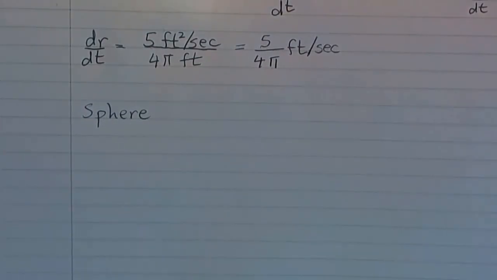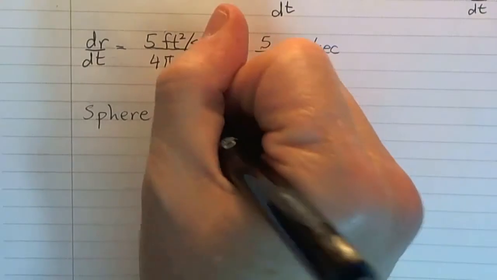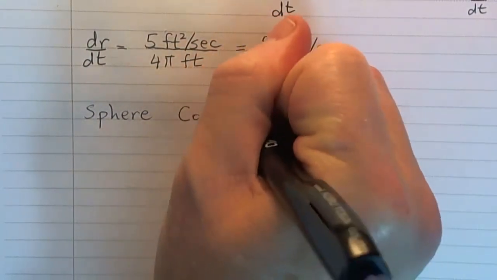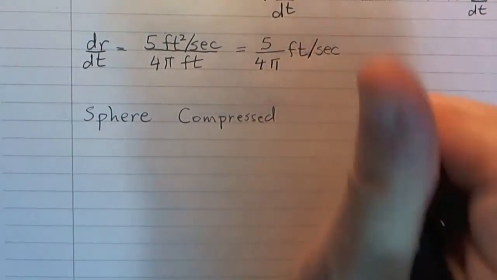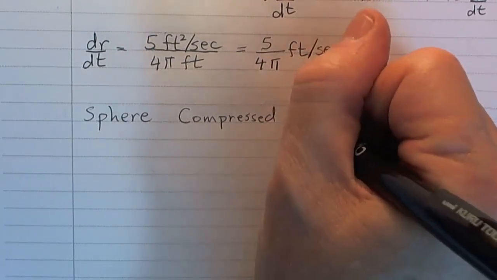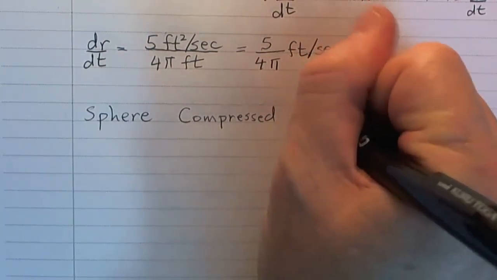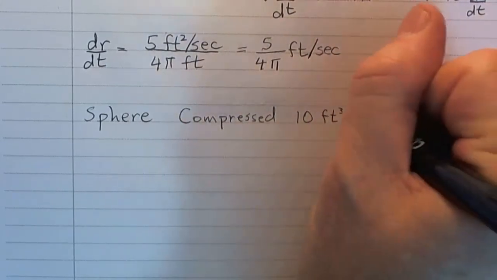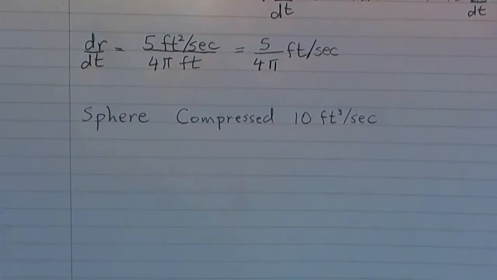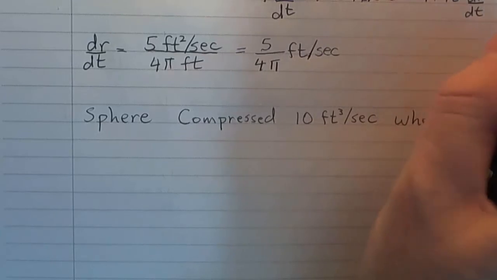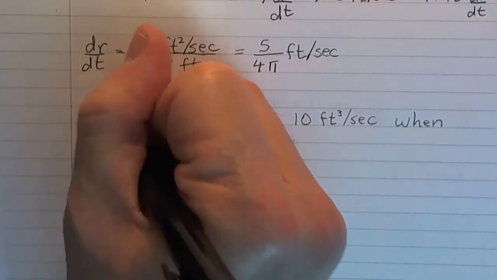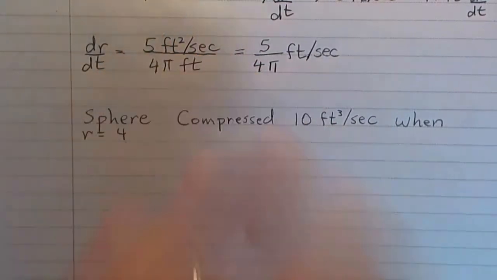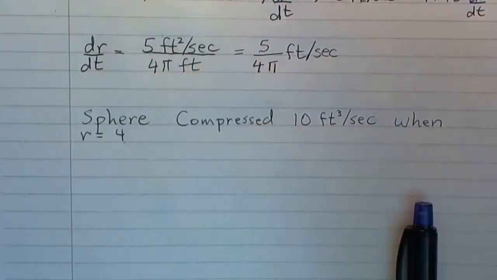Let's suppose this sphere is being compressed, at 10 cubic feet per second, and that's occurring when the radius is equal to, oh, let's say 4 feet.